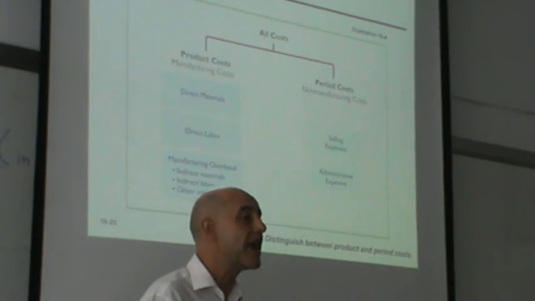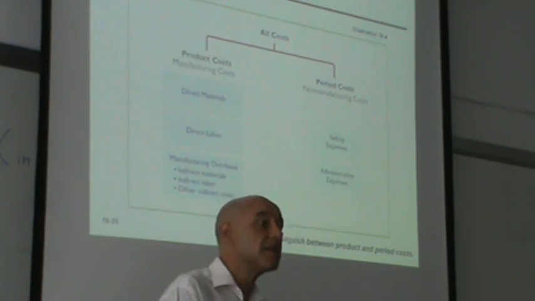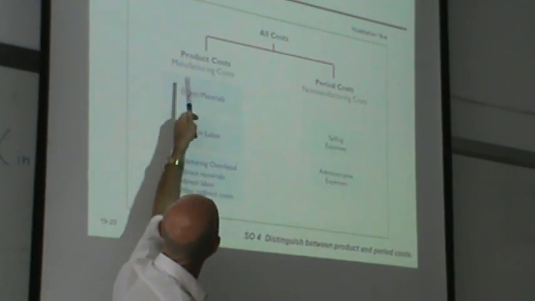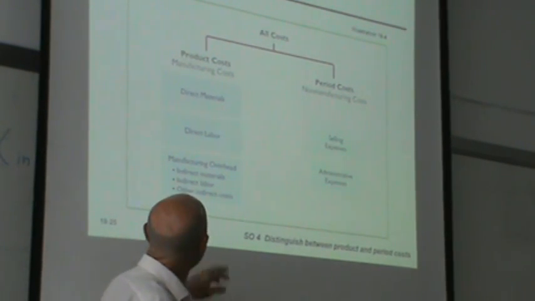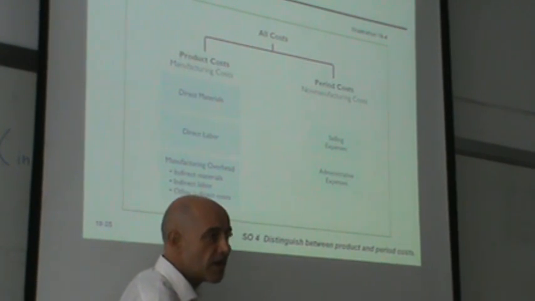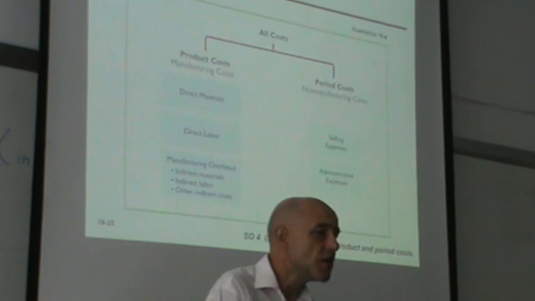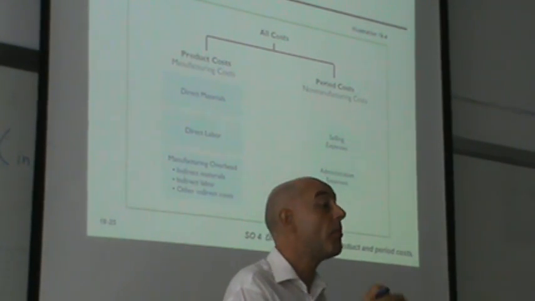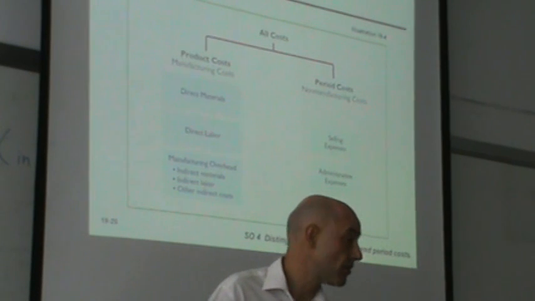So his labor is not specific to a product, but it's part of the manufacturing process, okay? And you will have some other indirect costs, maybe pieces of paper, maybe some software that you use. You may have other things which are part of the manufacturing or the production process, okay?